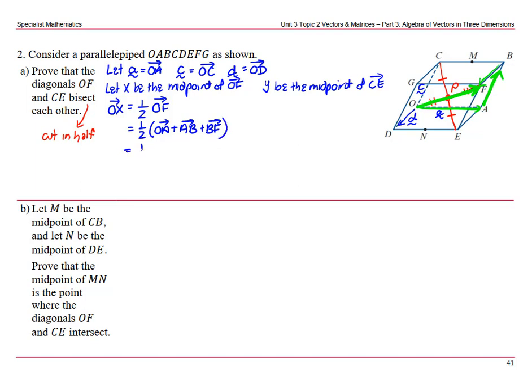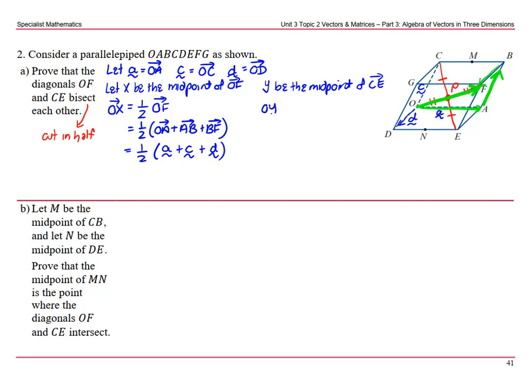In regards to the vectors given, OA was A, AB is parallel to OC, so that's going to be C, and BF is parallel to OD, so that's going to be D.